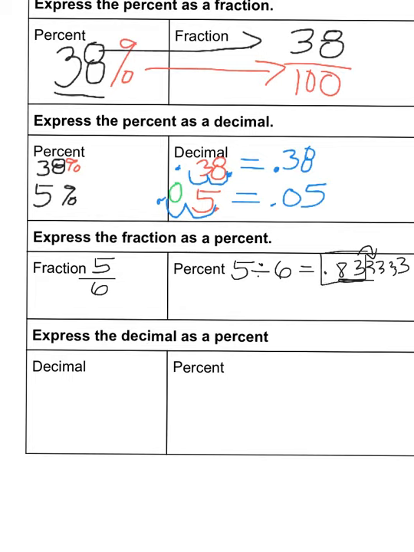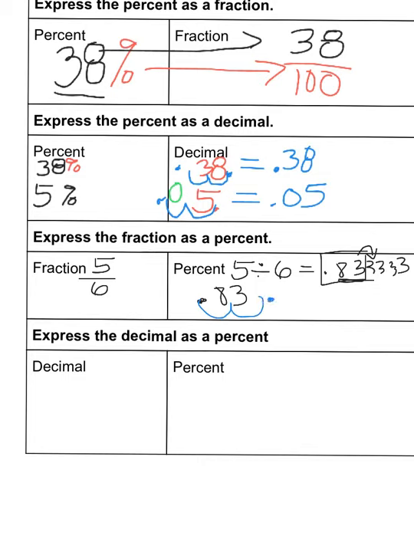So now that I've converted from my fraction to a decimal, I can go ahead and change it to a percent. I have 83 hundredths. And if I want to turn that into a percent, and I'll show you this again below, I simply move my decimal place 2 to the right, 1, 2.